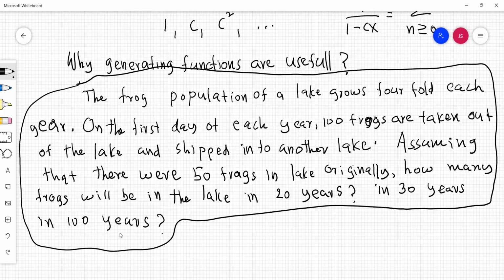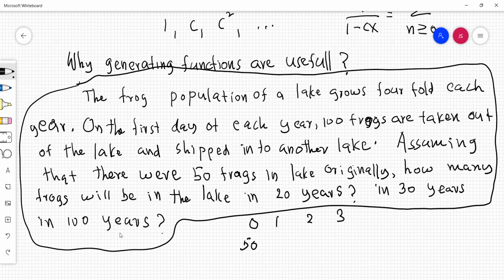Now, at least try to find the frog population. Initially, in the 0th year, they are putting 50 frogs in the lake, right? 50 frogs.